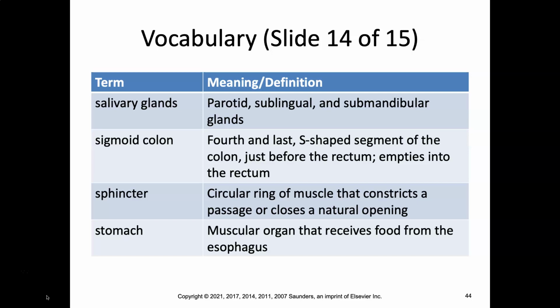Submandibular, we haven't talked much about your jaw yet, but you have a mandible, and that's your jaw. So underneath your jaw and underneath your tongue. Now, parotid glands are located in front of your ears, somewhat underneath your ears. And those are also salivary glands.